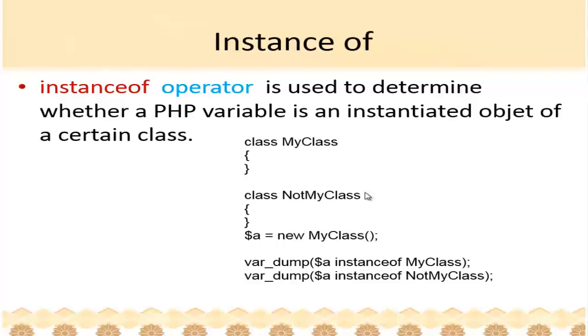So I can say: is A, if you notice A is an instance of MyClass, I can say is A an instance of MyClass, or is A an instance of NotMyClass. This is used to verify whether a given object is of the type of a given class.